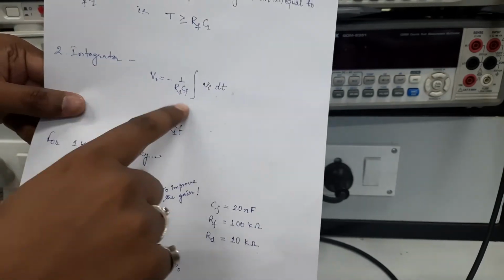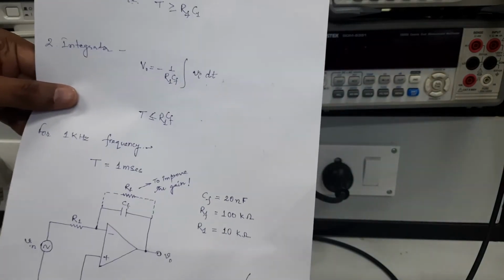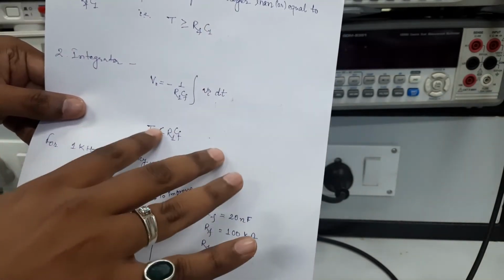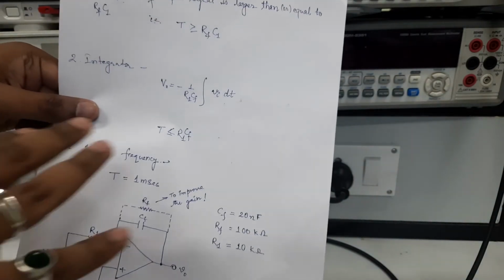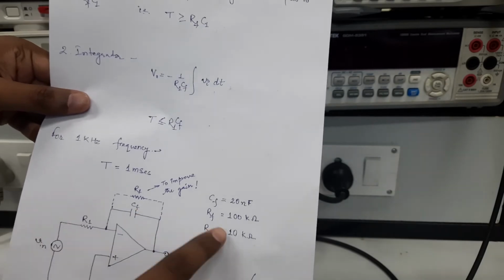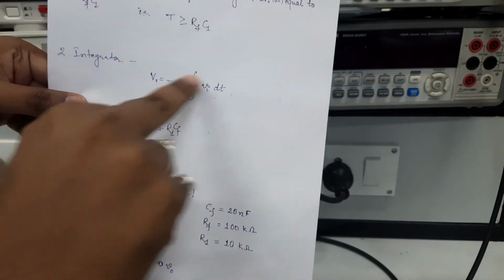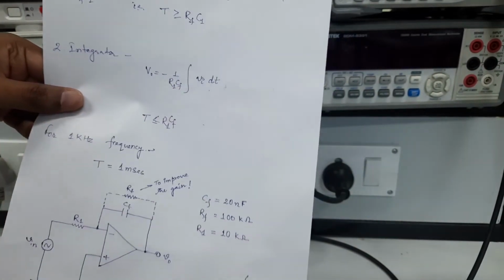That defines the proper integration. You will get this condition by solving the mathematical relation between the input and output voltage of this circuit diagram, and this approximation will satisfy the integration equation.